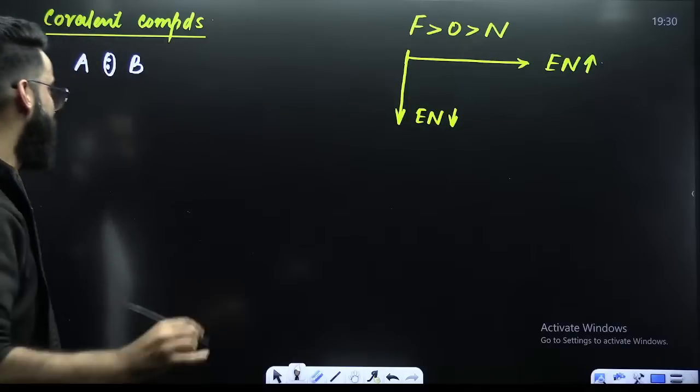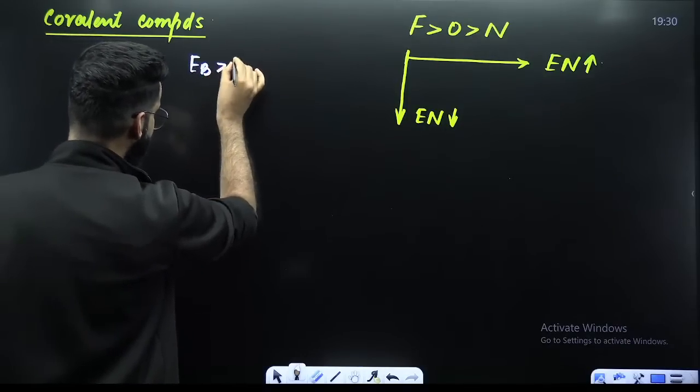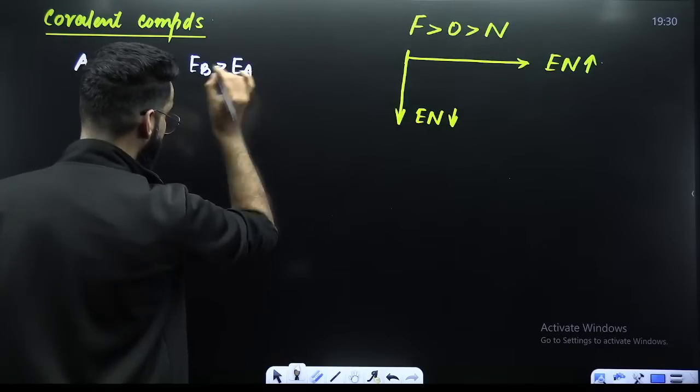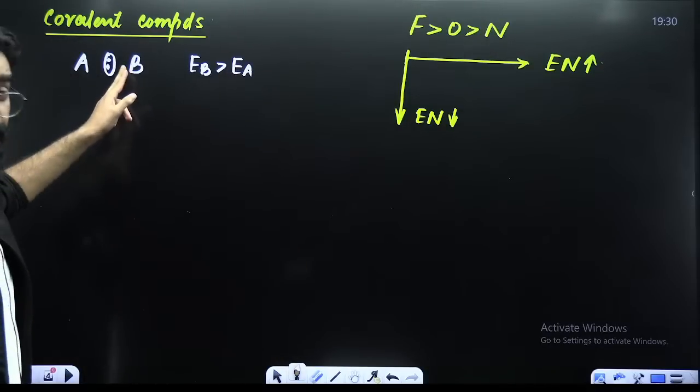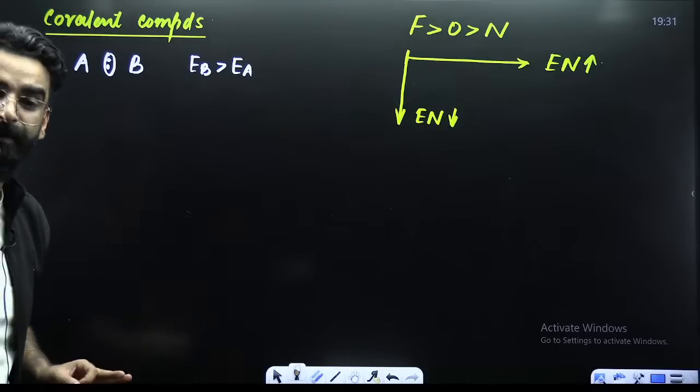Now, my dear students, I'm assuming one thing. If electronegativity of B is greater than that of A, what is going to happen?